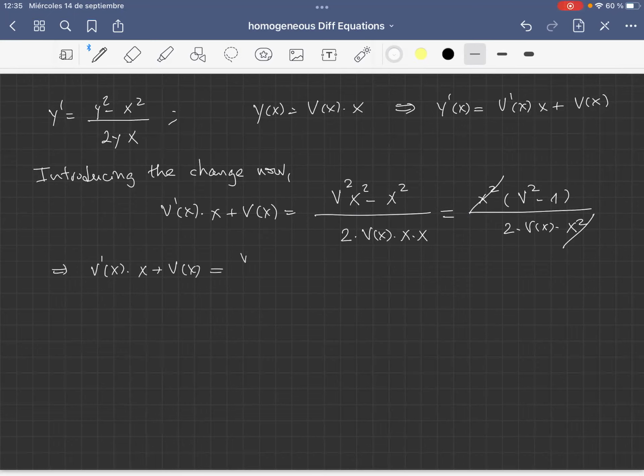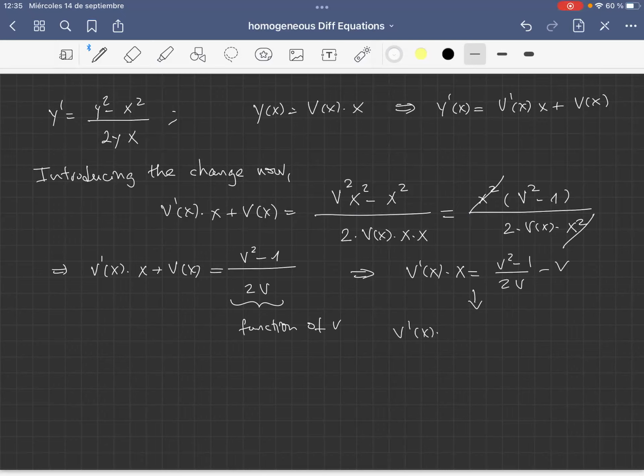So this means that, as we were saying before when we introduced these equations, on this side we will have purely a function of v. So now let me take the v on the left-hand side to the right-hand side, minus v, and rewrite the equation as minus 2v squared.